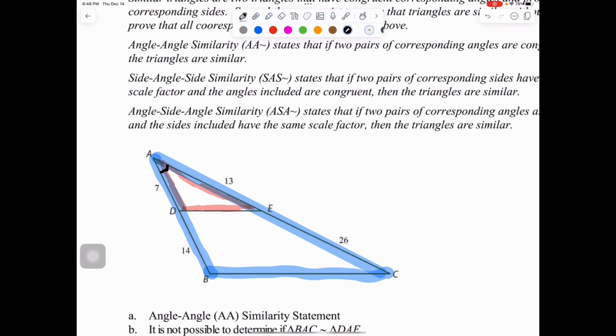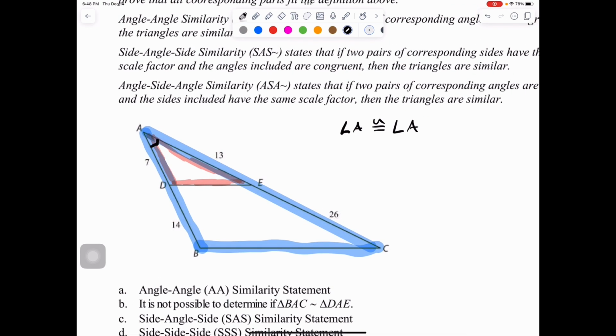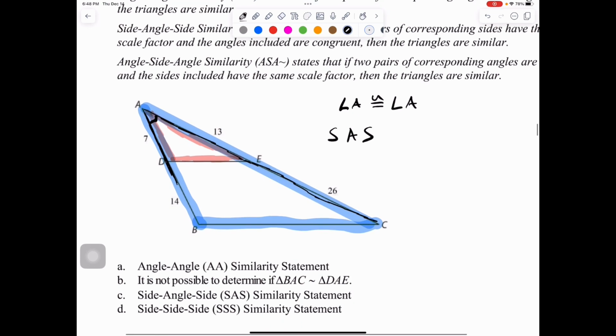Angle A is congruent to angle A. Now if we look at both the smaller triangle and the larger triangle, it's giving us side lengths. So we have an angle that's smushed in between two sides, giving us side, angle, side for both of them.